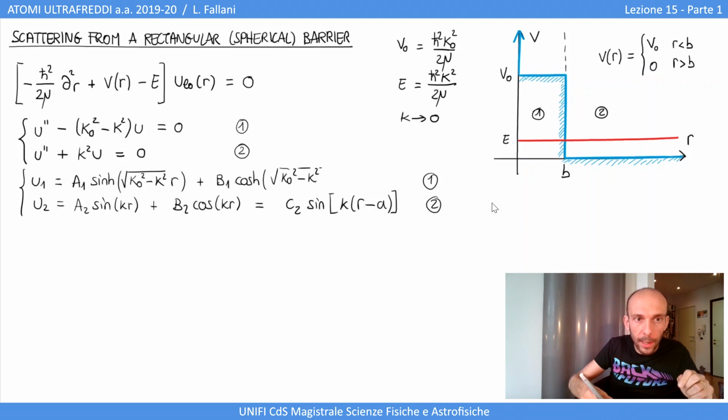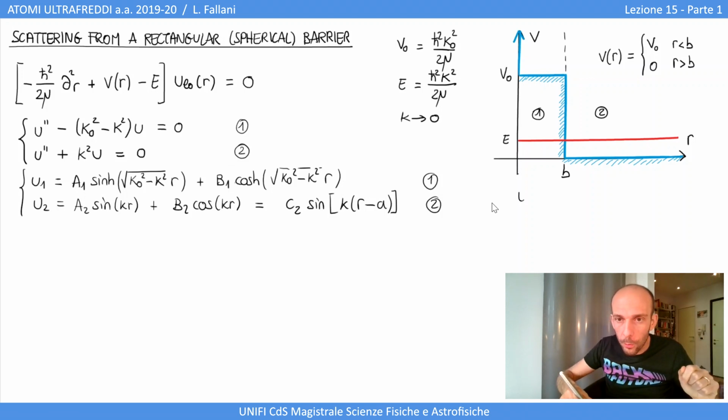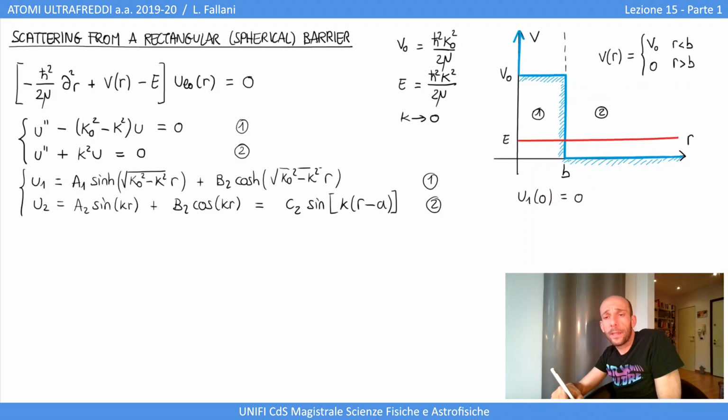but now we can ask for the wave function in 0 to be 0. So we want u1(0) to be 0, and we want this because this basically corresponds to the request for the total radial wave function, that is u divided by r, to be regular for r equals 0.